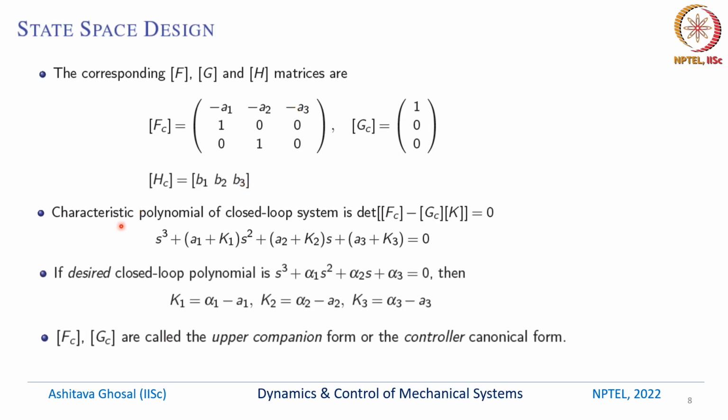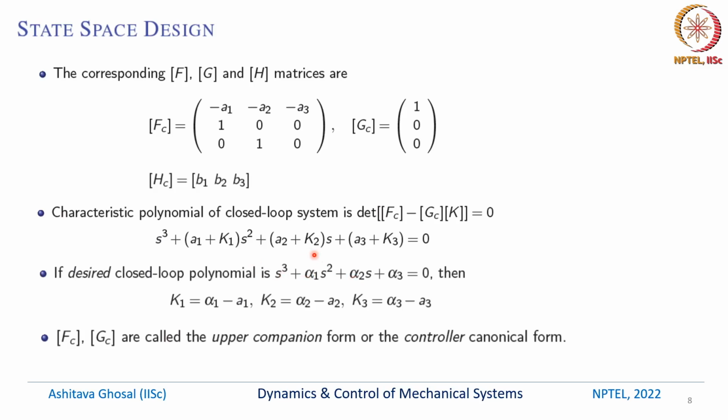So now if you want to find the characteristic polynomial of the closed loop system with U equals minus K x, that is determinant of sI minus (F minus G K) equal to 0, we will get this cubic polynomial, which is s cube, the coefficient of s square is A1 plus K1, s is A2 plus K2, and this is A3 plus K3. So K is K1, K2, K3, a row vector.